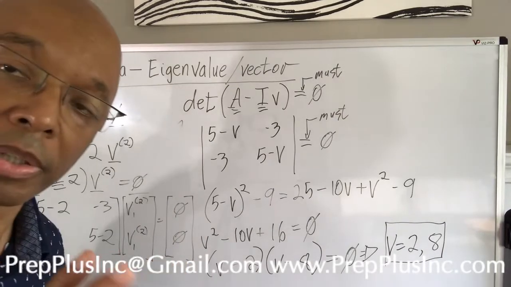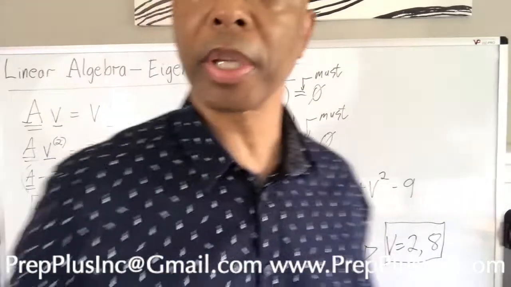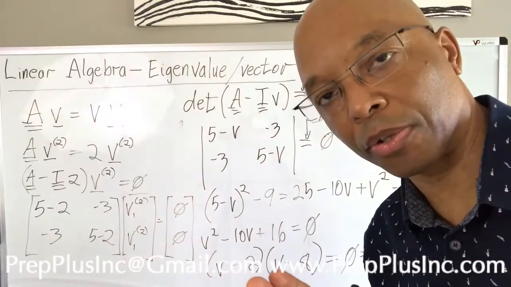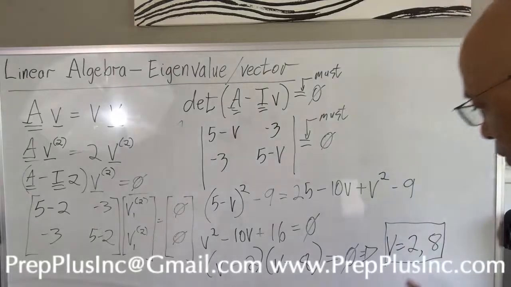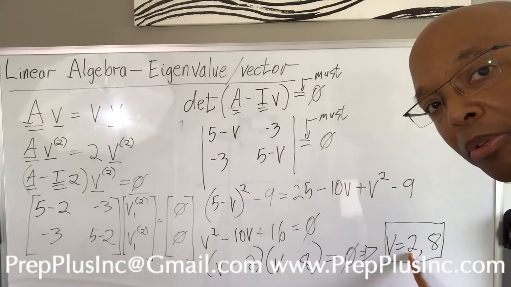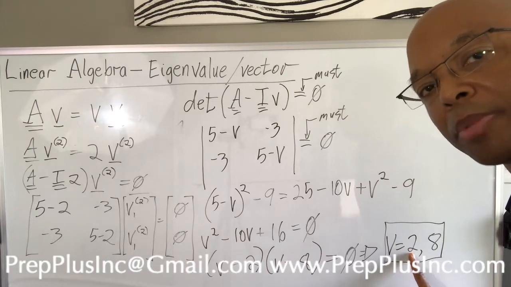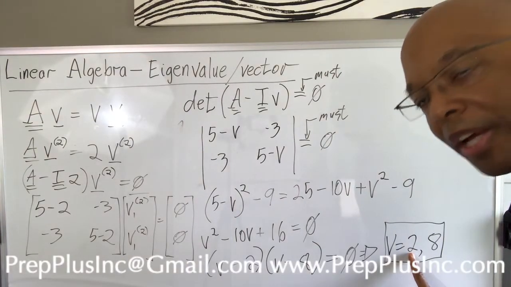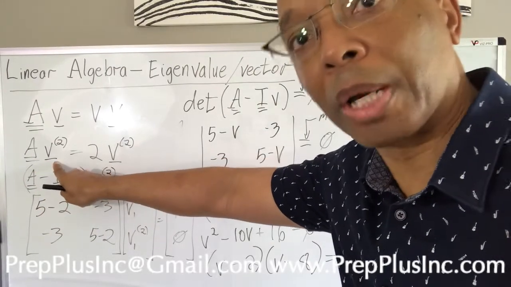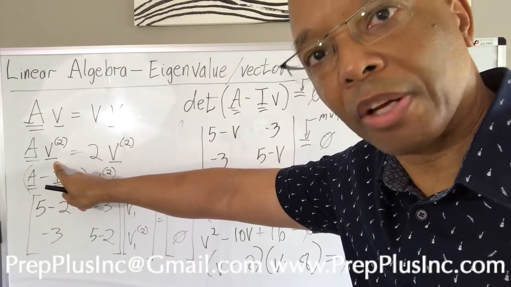Okay, so now keep in mind what we're doing. All we're doing is solving for the eigenvector that corresponds to eigenvalue 2. We've already solved for our eigenvalues. Now we need to obtain the corresponding eigenvectors. So this is the eigenvector problem for eigenvalue 2.